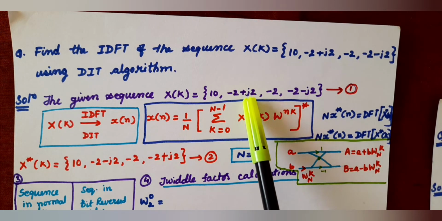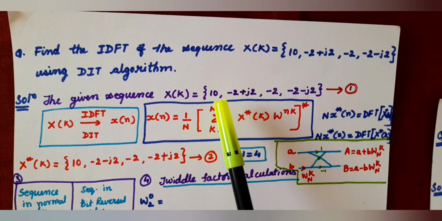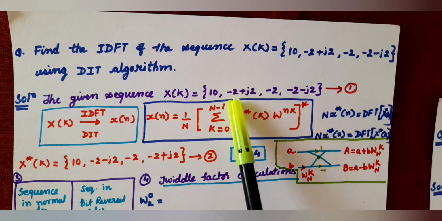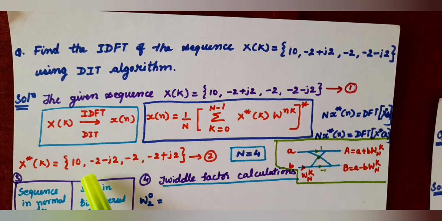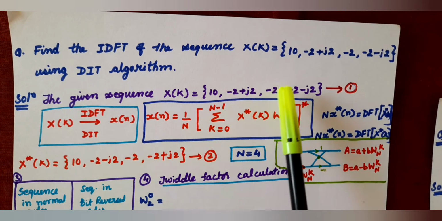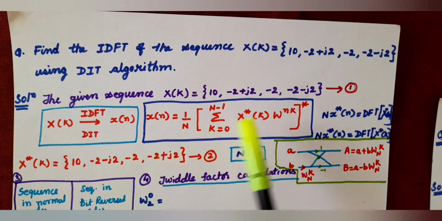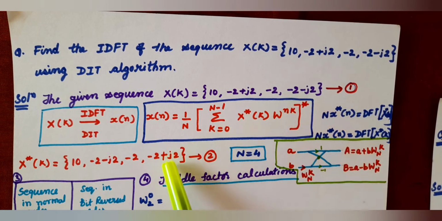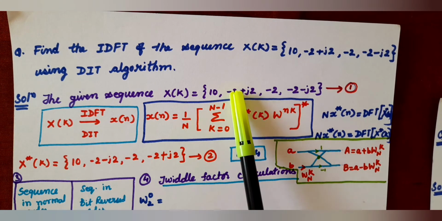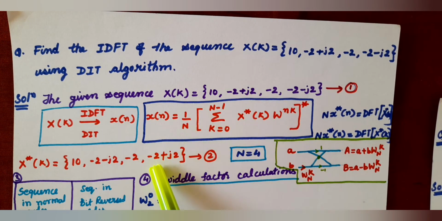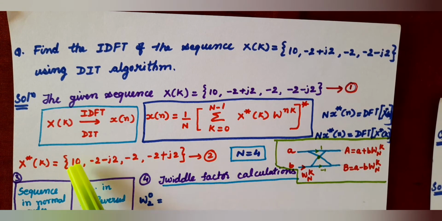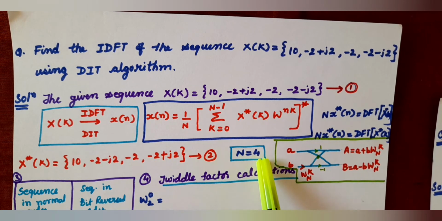The sign of the imaginary part is changed. So 10 is written as 10, minus 2 plus j2 is written as minus 2 minus j2, minus 2 is minus 2, and this is minus 2 plus j2. So from given X of k, you have computed X star of k. What is capital N here? Capital N is 4. 1, 2, 3, 4. Its length is 4.